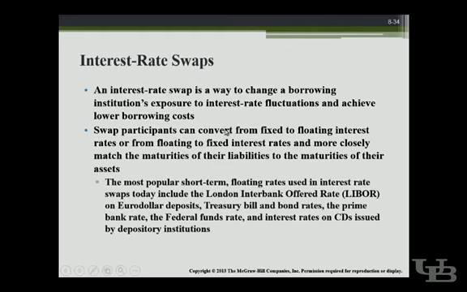Slide 34. Let's talk about swaps. Interest rate swaps are hedging techniques. Here the institution is swapping a fixed interest with a variable rate interest, or a variable rate interest with a fixed interest security.